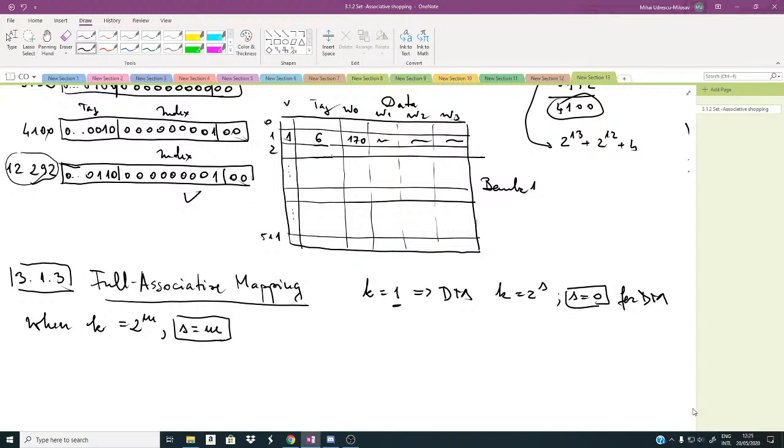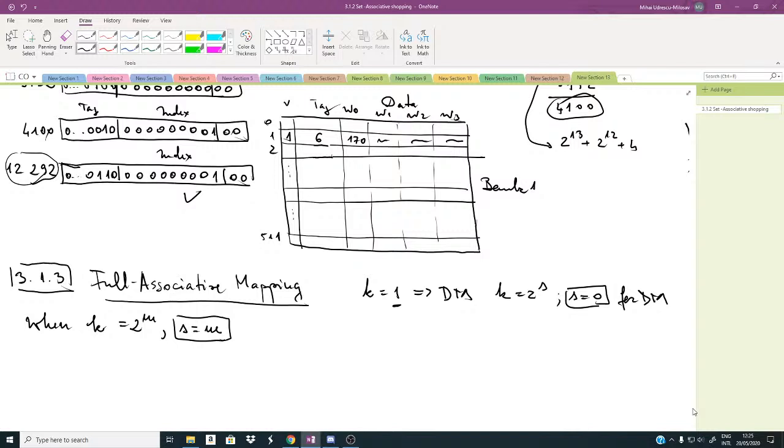However, this solution is not that good in terms of performance because, okay, you win in terms of reducing the number of misses. But on the other hand, the cache access time is actually bigger. Why?